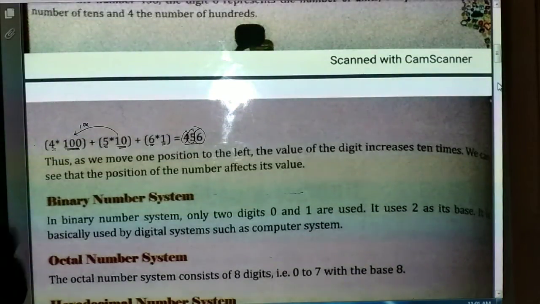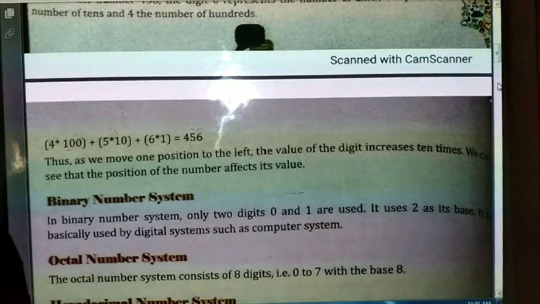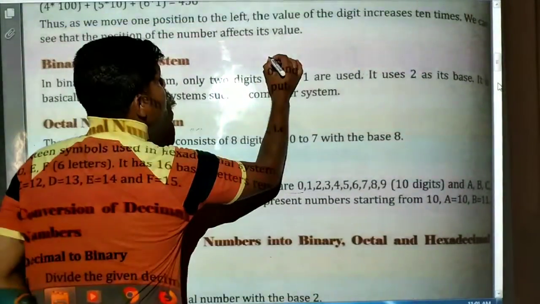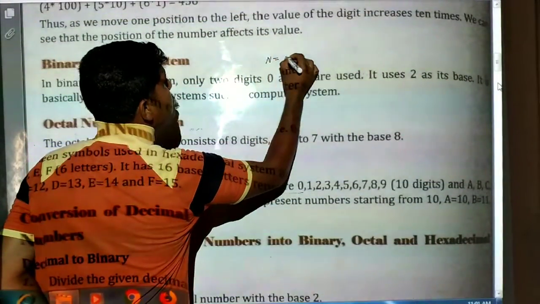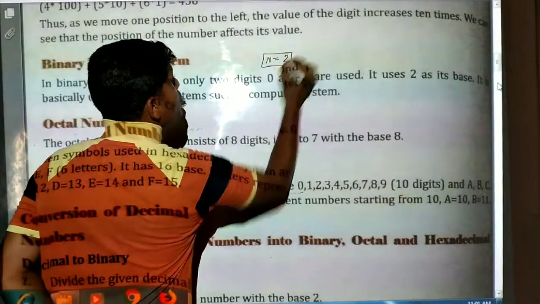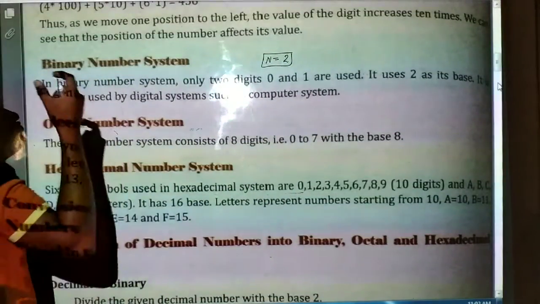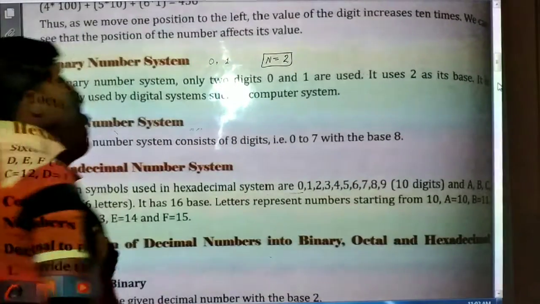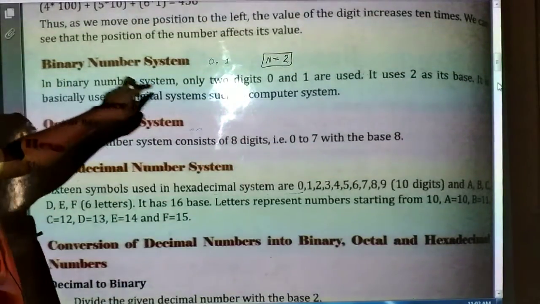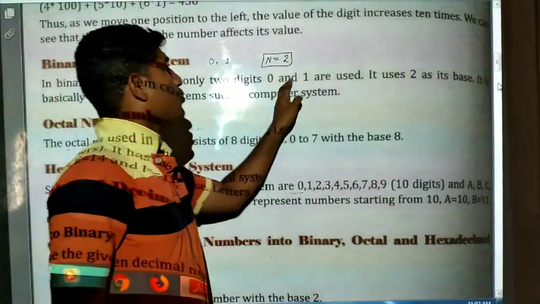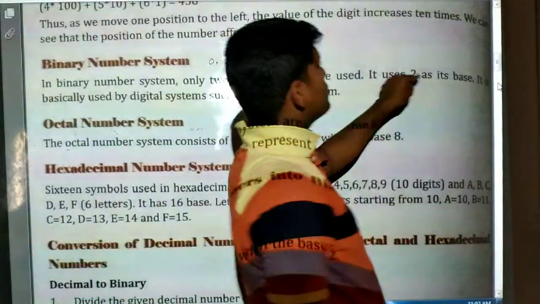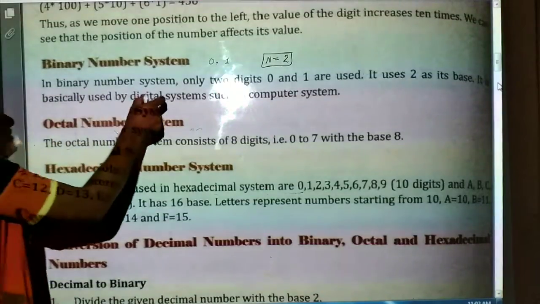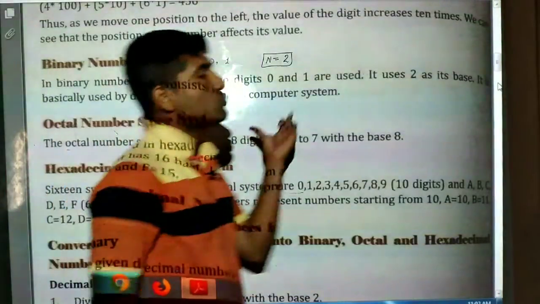Now the next number system is binary number system. What is the base of the binary number system? That we call n, that is equal to 2, because in this we use only two digits, that is 0, 1. In binary number system only two digits 0 and 1 are used. It uses 2 as its base. It is basically used by digital systems such as computers.